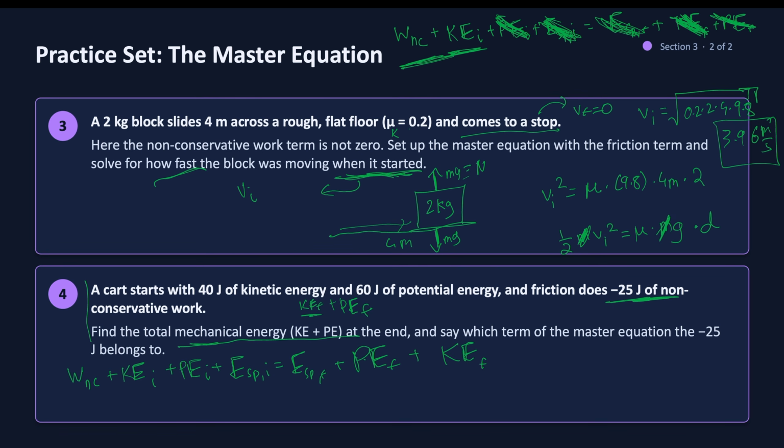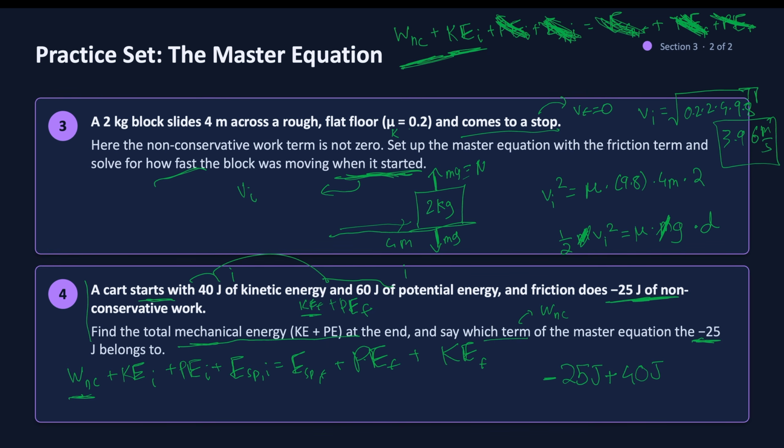So work non-conservative will become negative 25 joules. Negative 25 joules belongs to which term of the master equation? Work non-conservative. Plus kinetic energy initial is 40 joules because it starts with that, so these are both initial values.